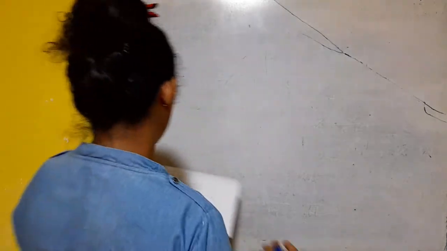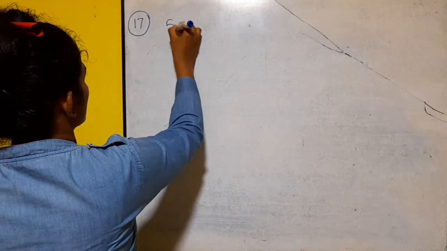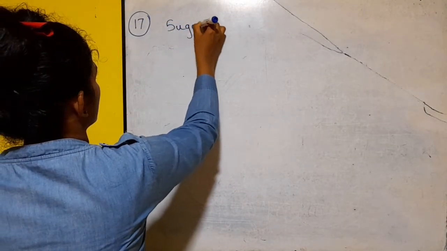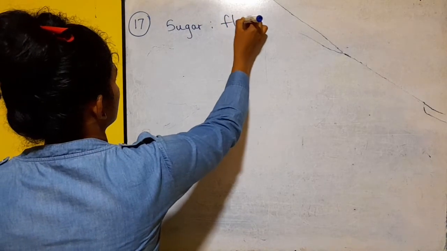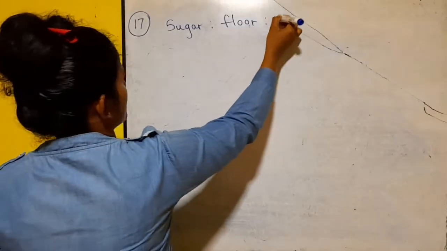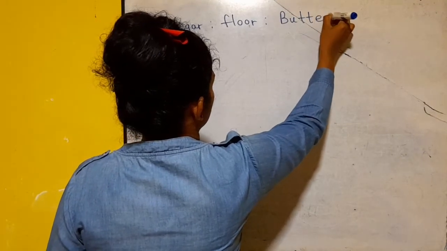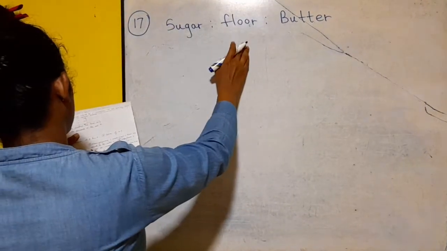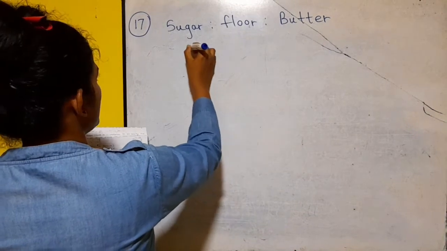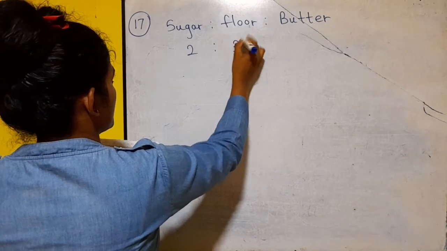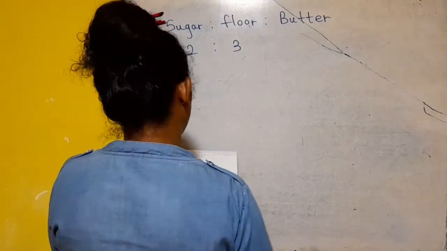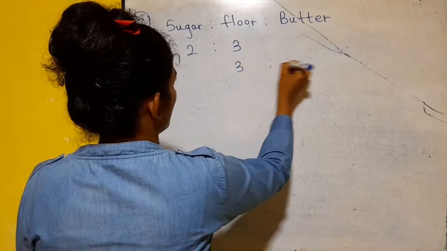First we will find the common ratio of the 3 quantities: sugar, then flour and butter. These are the quantities used to prepare the sweet. The ratio between sugar and flour is 2 to 3. Then the ratio between flour and butter is given as 3 to 1.